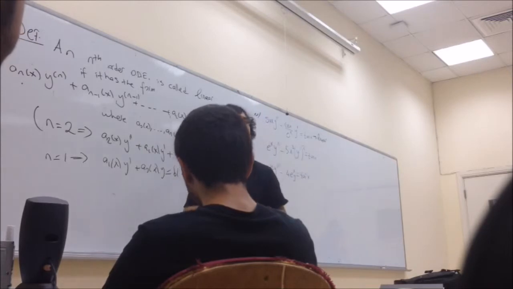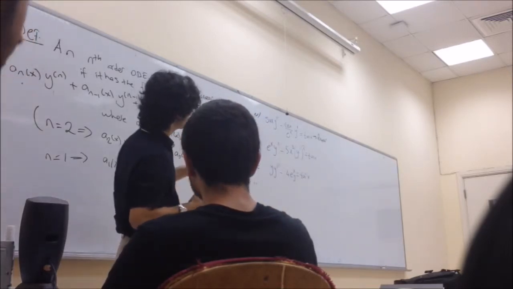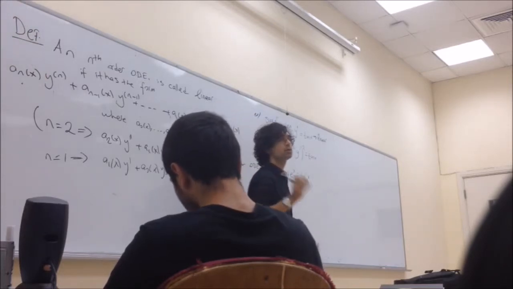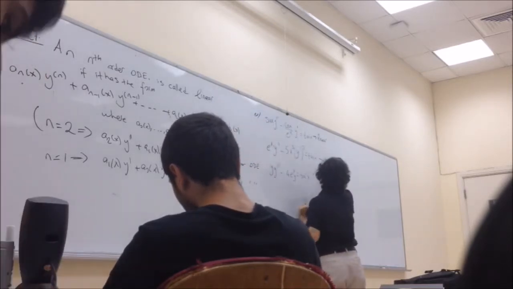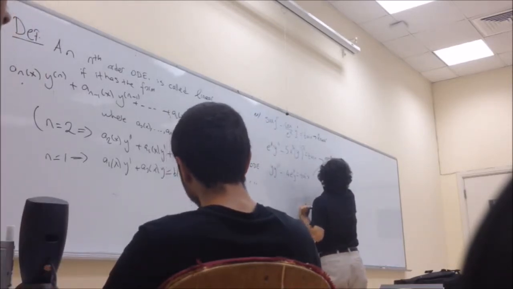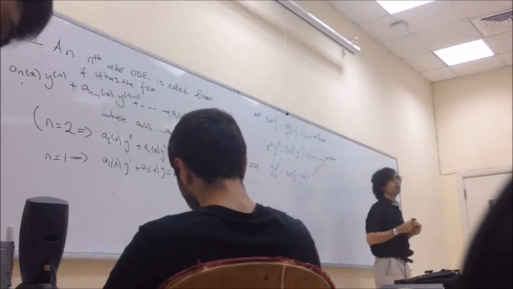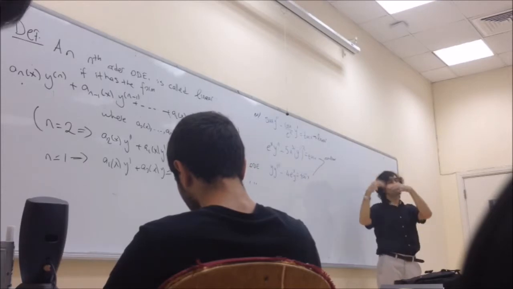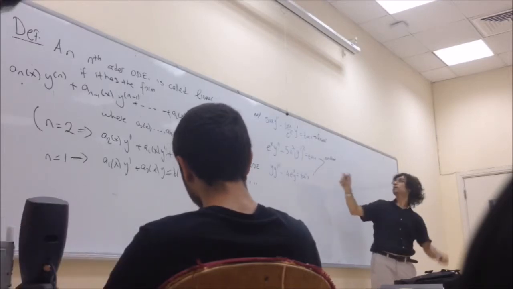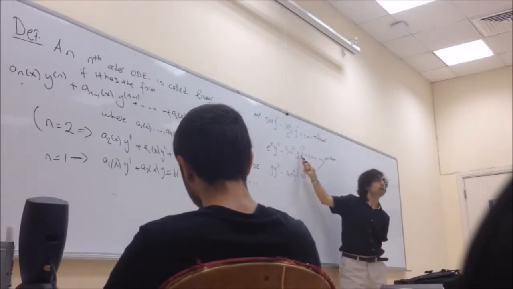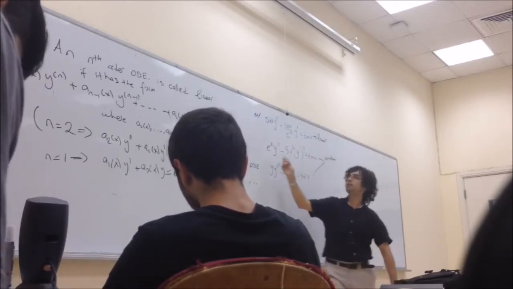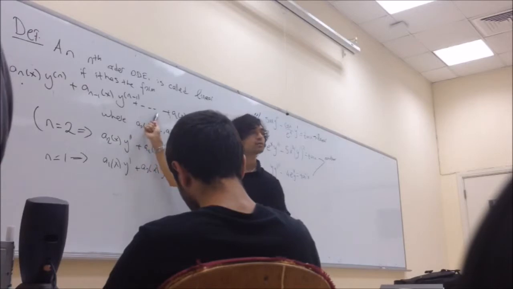But if you look at the other two, these two are non-linear. Why has linearity been violated? Well, here because you have y prime squared. What does it mean? It means you have y prime times y prime. If you look at the previous expression, you do not see anything like that.